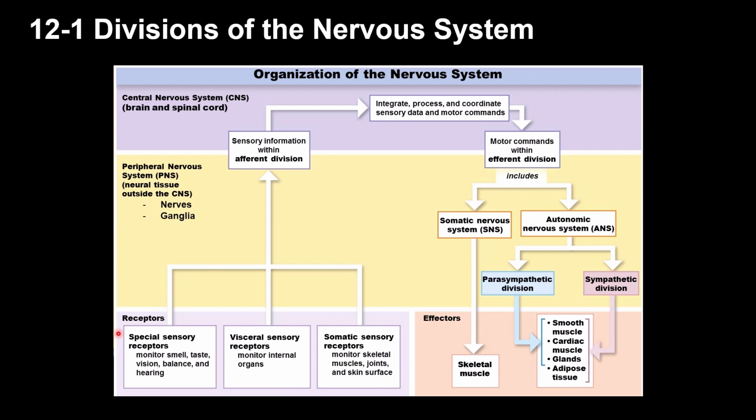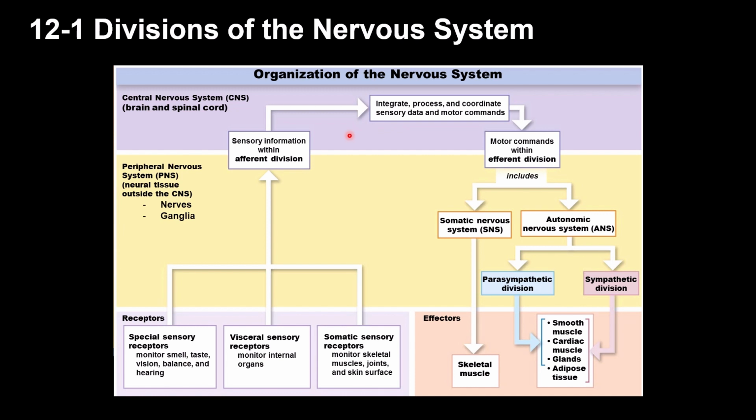Right now I'm not discussing those things. The information from these parts of the body goes toward the central nervous system, to the spinal cord or to the brain through these nerves.